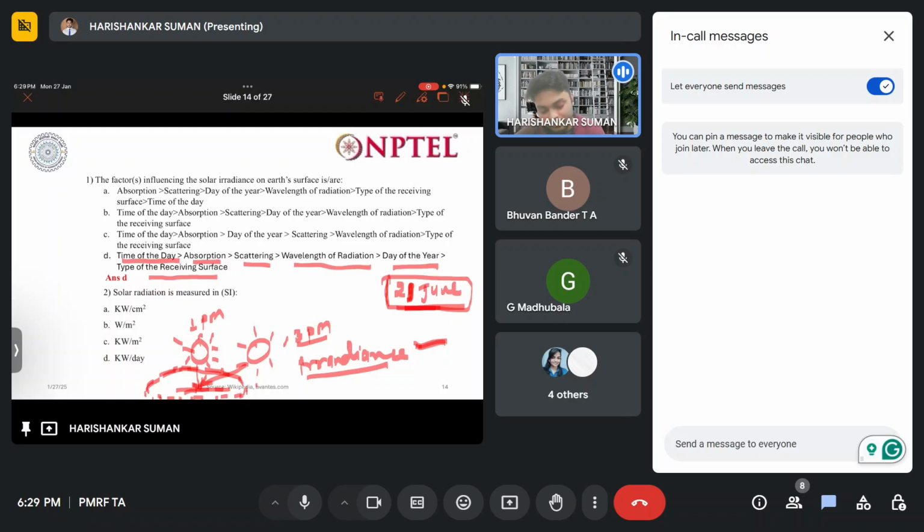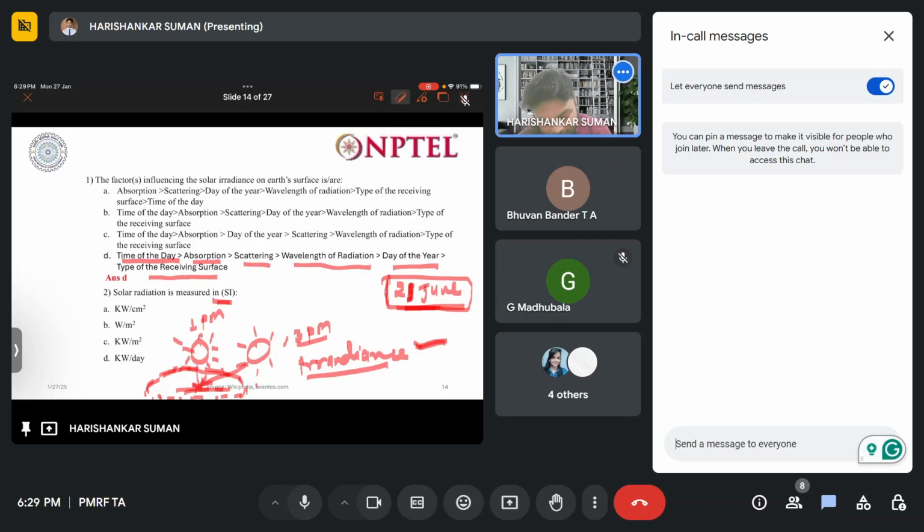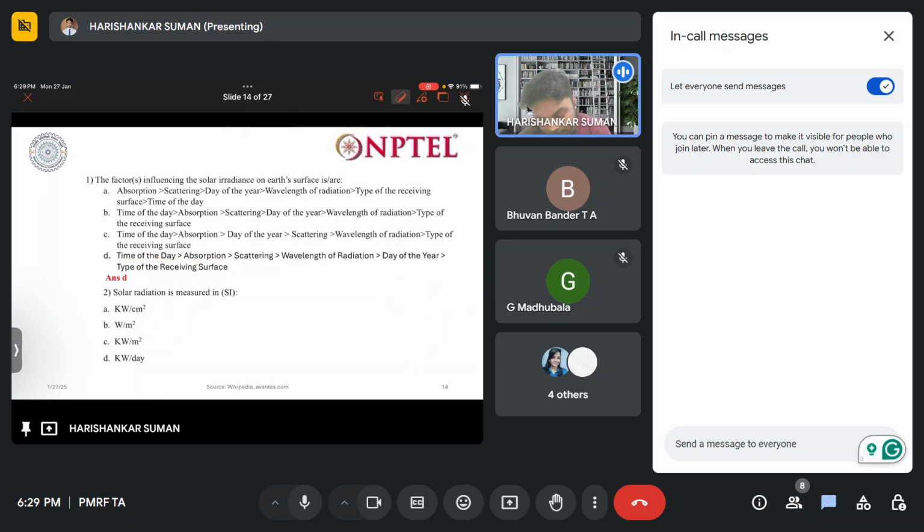And the next question: solar radiation is measured in which SI unit? Please, you have to answer all, guys. If you are listening, watt per meter square, yes. Any other? Please also write in the chat box. Option A, B, C, D. For the second question, please answer in the chat box, all. I am requesting all members, please answer.